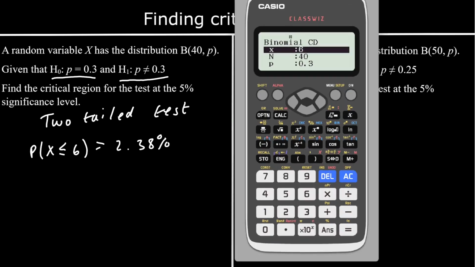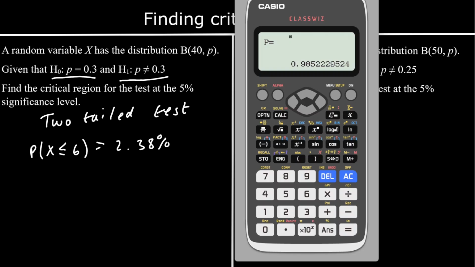And we also need another critical region. So we're going to have anything from 1 to 6, but also we want the other side. Let's try 15, 88%. 16 is 93. 17 is not 2.5%. Let's go higher again. 18 is. So that's the probability of 18 or less.